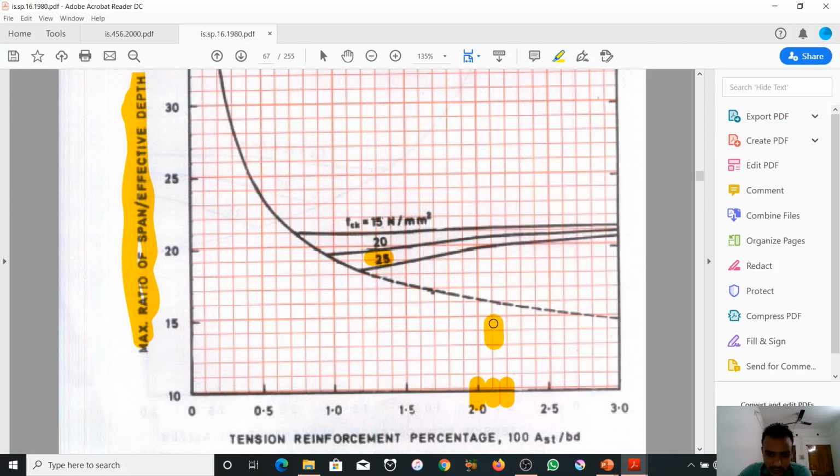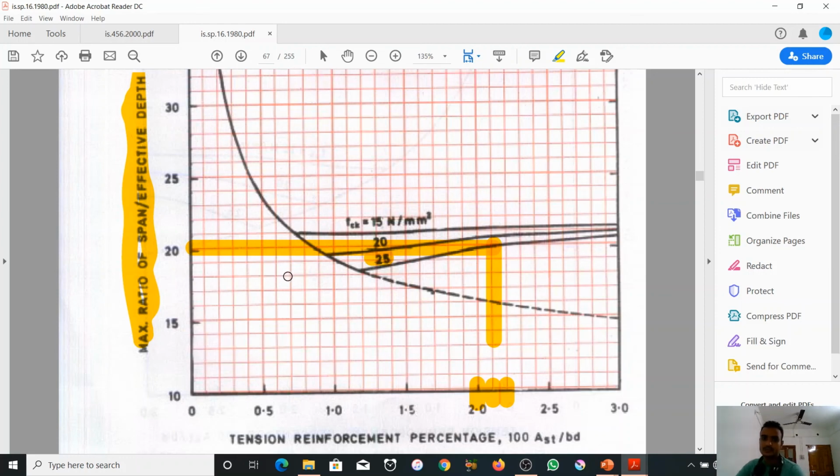So I follow this line and meet it here. By this graph, I can find the value is more than 20.